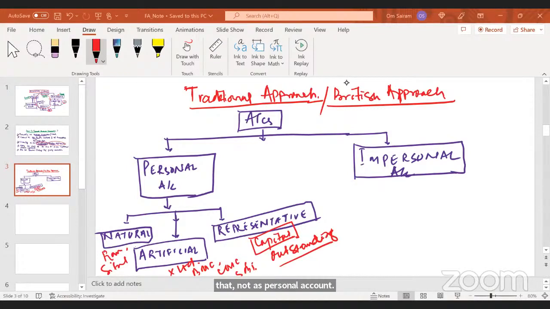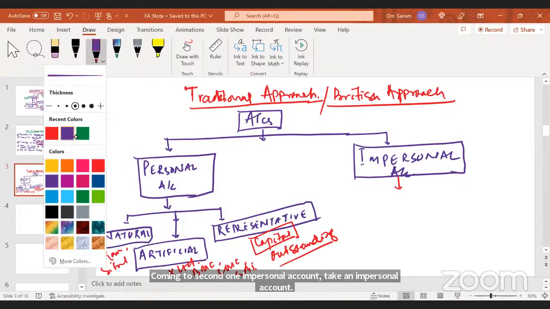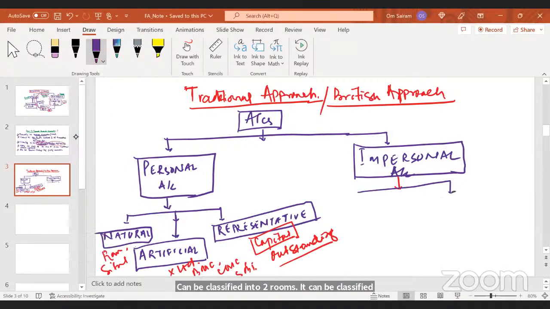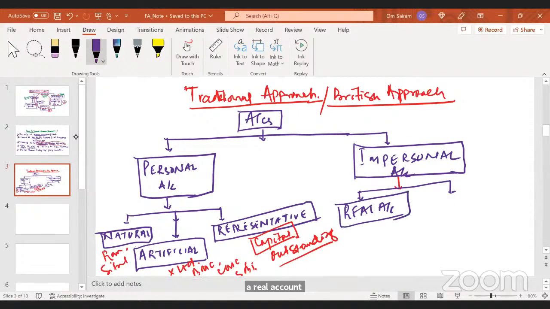Again, impersonal account can be classified into two heads. What are these two heads? Please remember, the first one is real account and the second one is nominal account. What is real account?